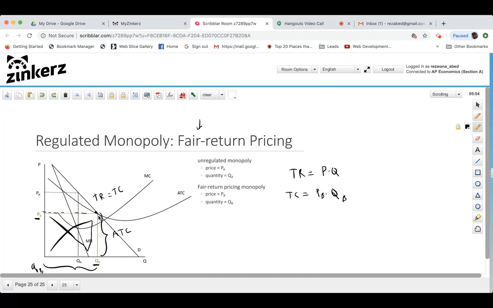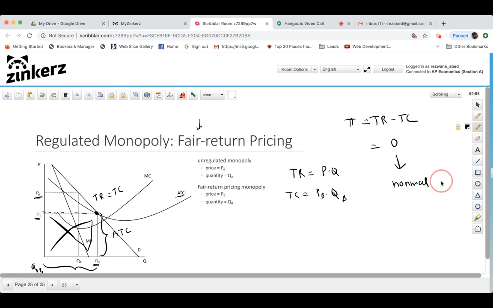Because you are essentially coming in as a government and telling them that you are going to charge a price which is no longer PA, but a price equal to your average total cost. So they are going to charge this price PB, which makes them have zero economic profit, because profit is total revenue minus total cost, and if they're equal to each other, of course you have zero economic profit, or normal profit.